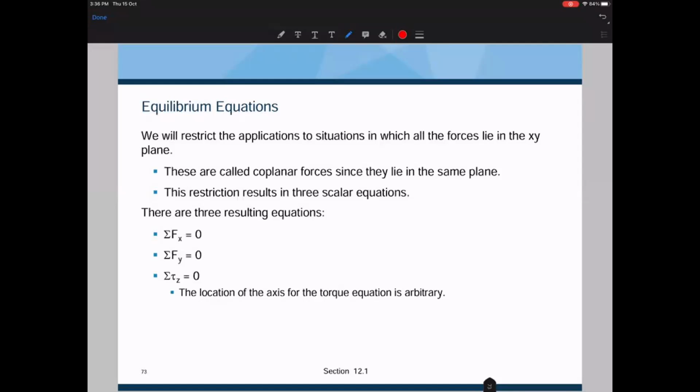So the rotation is still within the XY plane. Therefore, we have 3 resulting equations in order to satisfy the static equilibrium. They are force in the X direction equal to 0 and the force in the Y direction equal to 0.